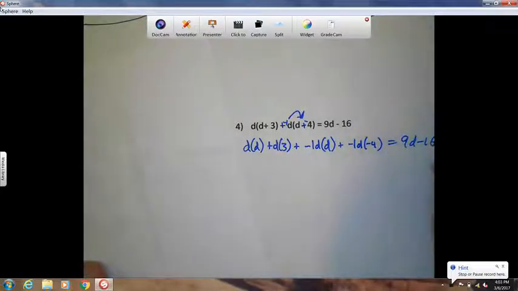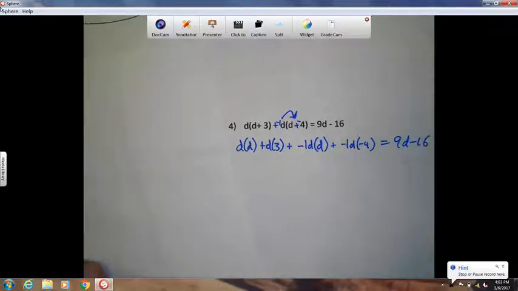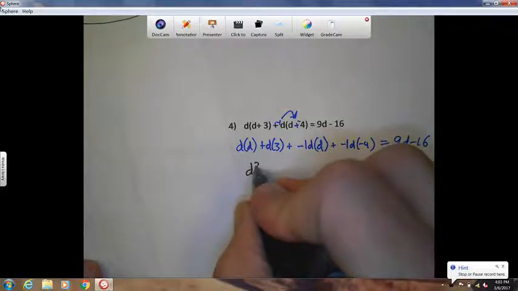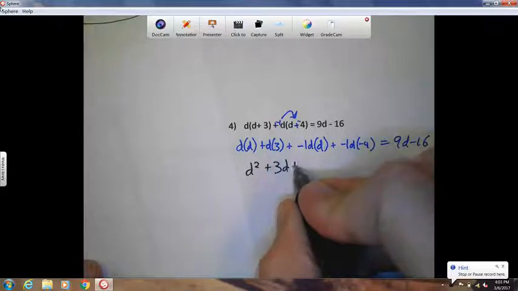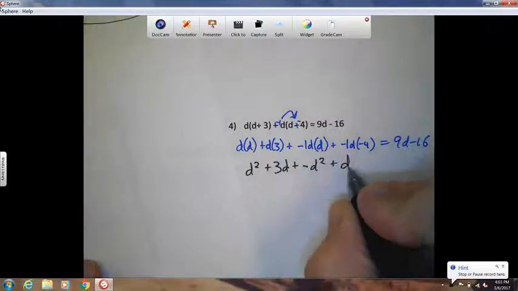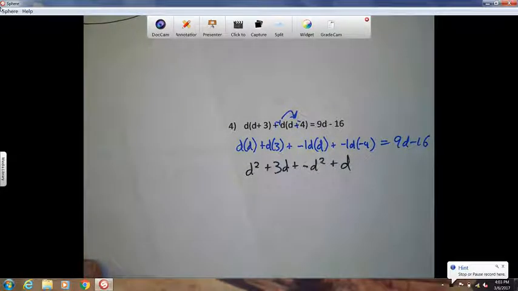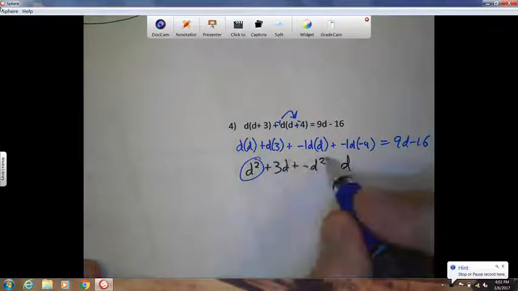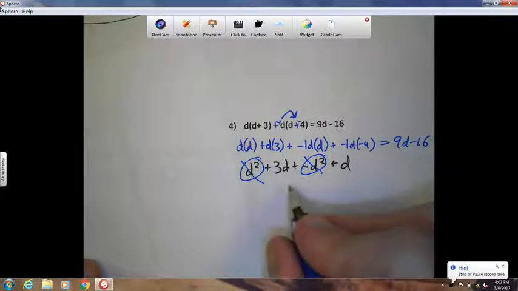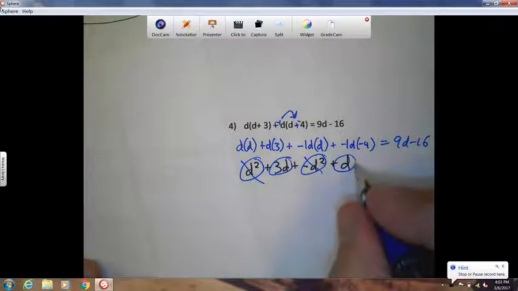D times d is d squared plus 3d plus negative d squared plus d. So my like terms are positive d squared and negative d squared. Those add to 0. 3d and d. Actually, this should be 4d.